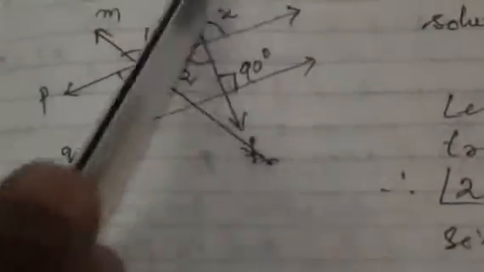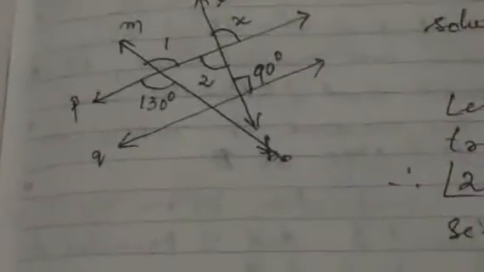Therefore, all together, this is 90, this is 90 and this is 90. So 3 right angles or 90 degrees are there in this figure. So 1 is equal to 130 degrees, 2 is equal to 90 degrees, and the figure contains 3 right angles. This is all about your question number 9.